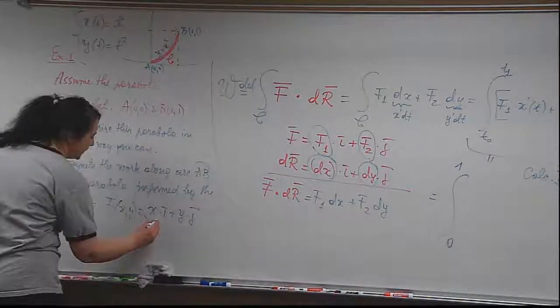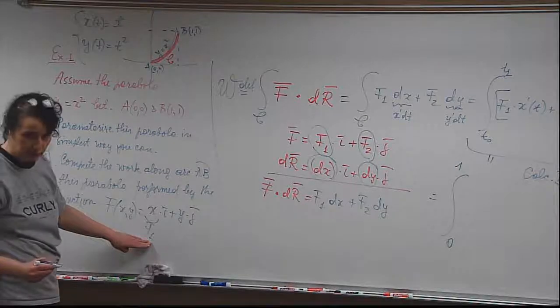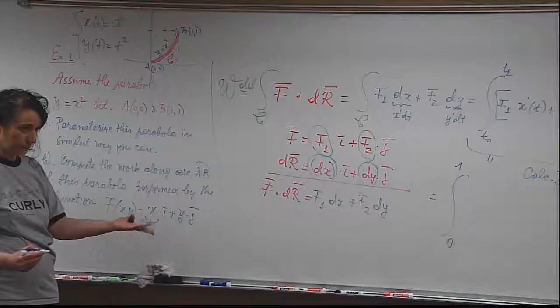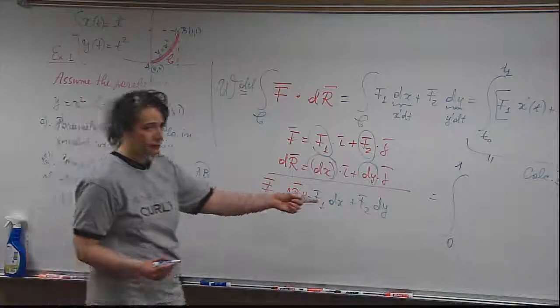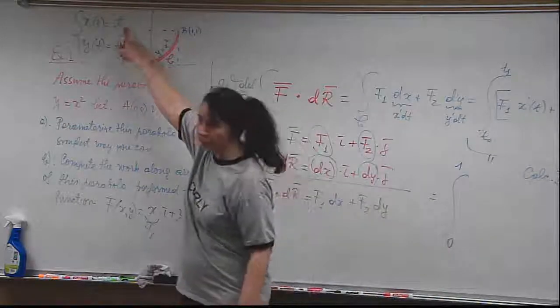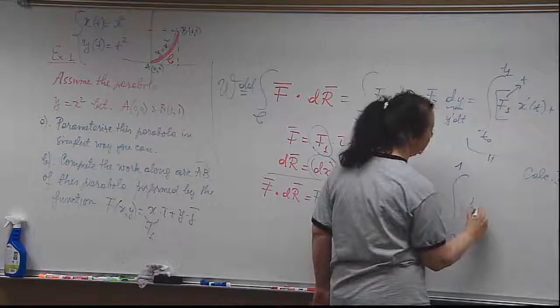F1 is x, but it drives me crazy because I need this to be expressed in t. So I think of x and y as functions of t. So f1 is not x, that I'm going to write here, but t, which is the same thing in parametrization. This is t. T times.